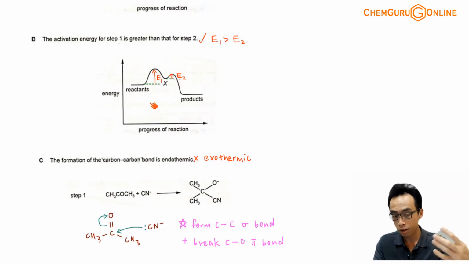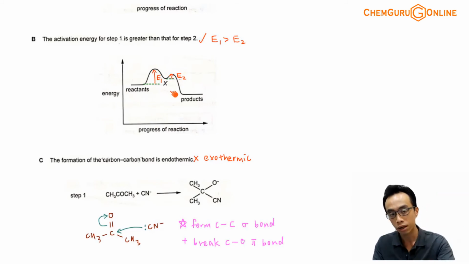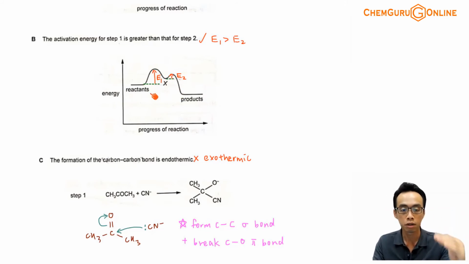So maybe they are trying to say that in the first step, since my intermediate has a higher enthalpy than the reactant, the process is endothermic, and it looks like I'm forming a carbon-carbon bond. So therefore the conclusion is that the formation of my carbon-carbon bond is endothermic.